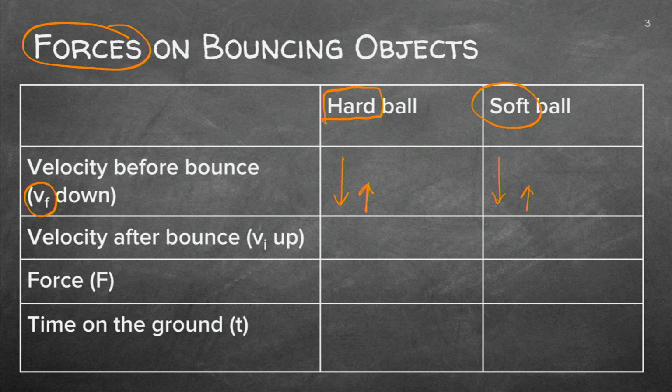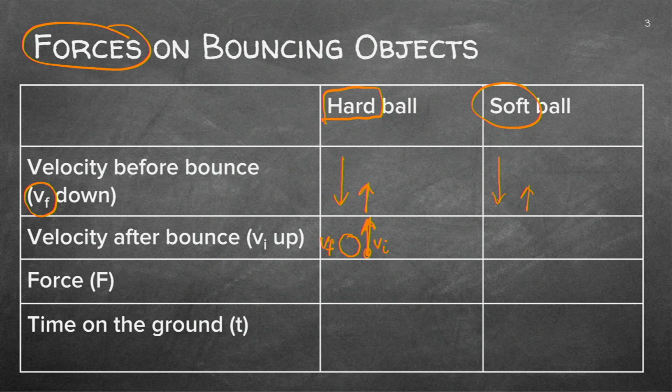Now let's just think about it. The hard ball will touch the ground and almost immediately leave the ground again. And the velocity that it's going in with will be very similar, not the same if it's an inelastic collision, but mostly similar to the one that it actually has when it leaves the ground.